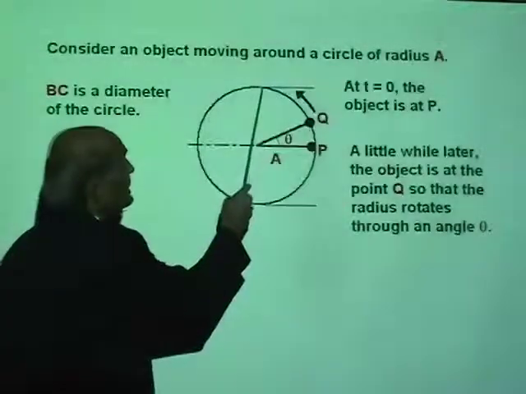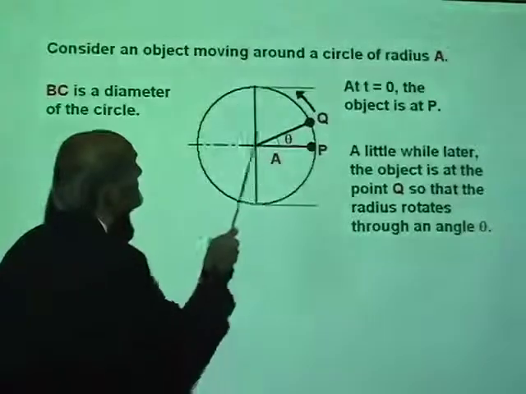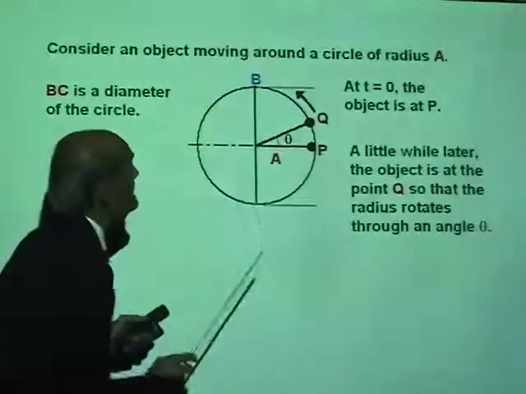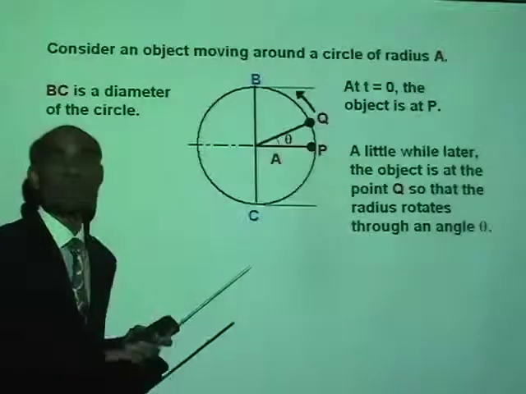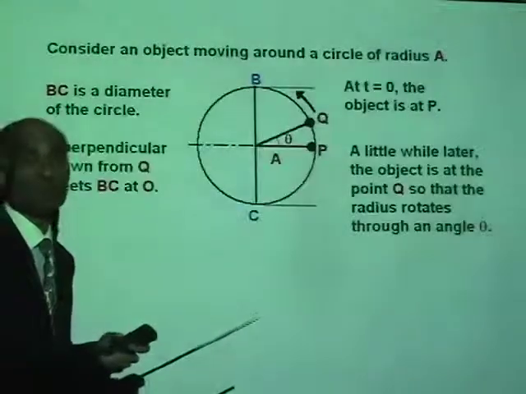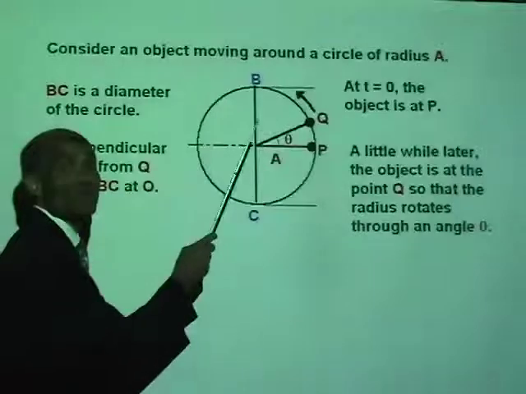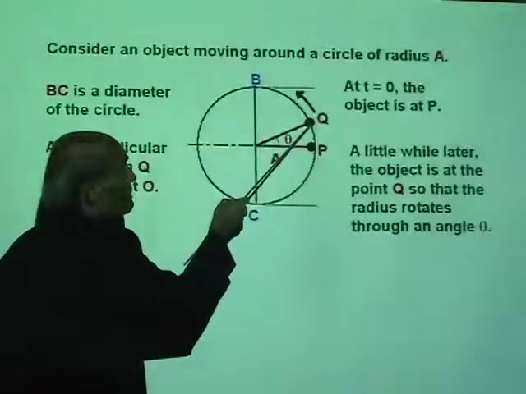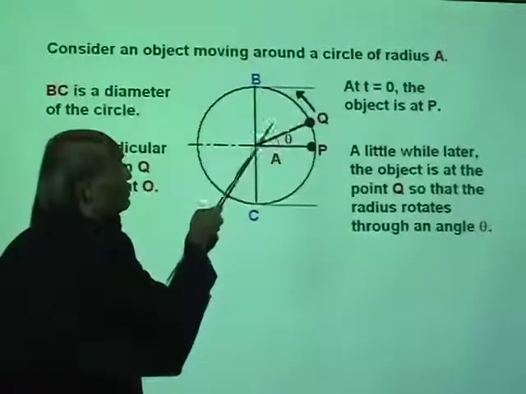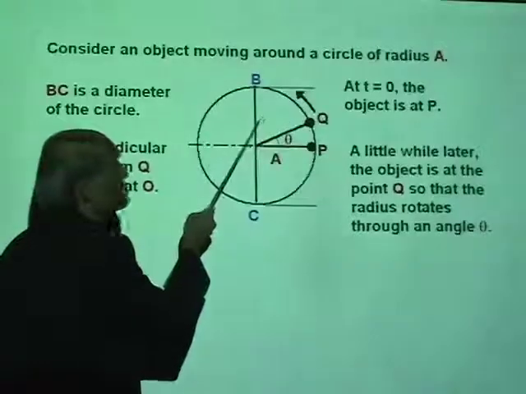Alright, let's draw a diameter. This diameter is BC. BC is the diameter of the circle. And what I'm going to do is draw a perpendicular from Q so that it touches BC.